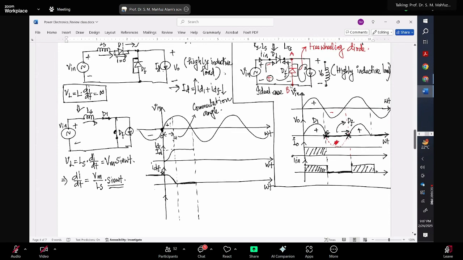Okay, so now here you can see diode D1 takes all the current ID, and here diode DF gives all the load current to D1.